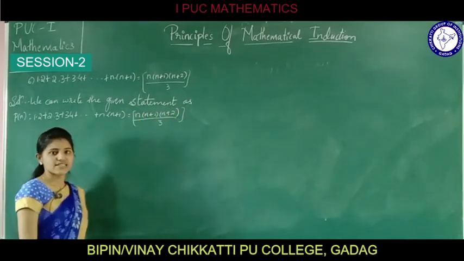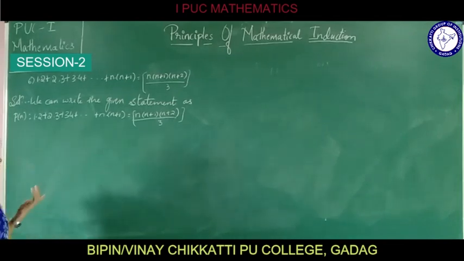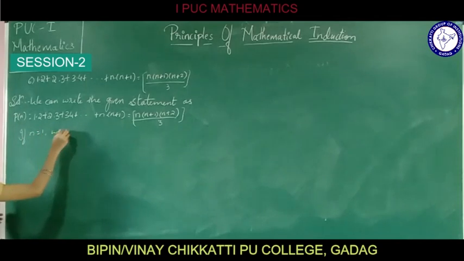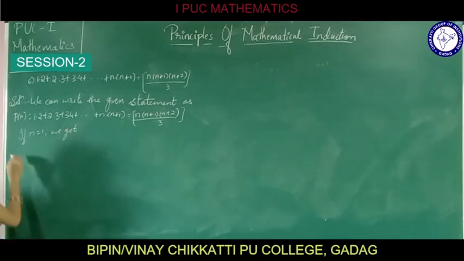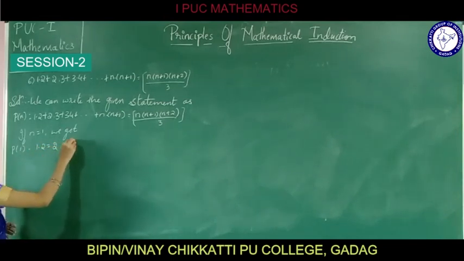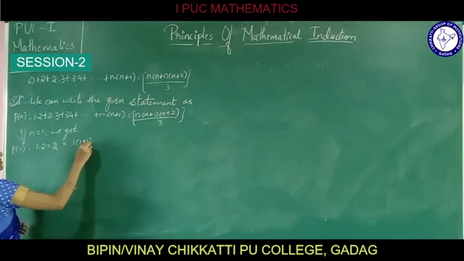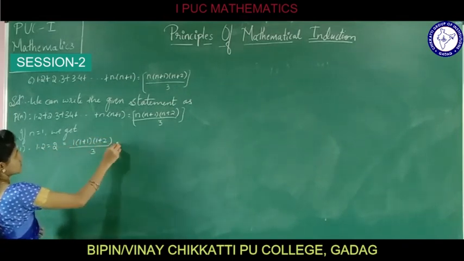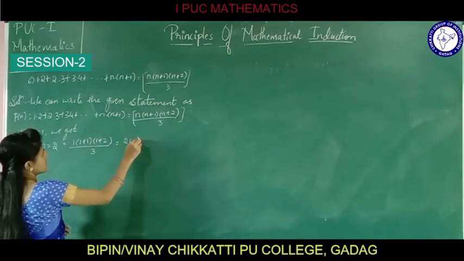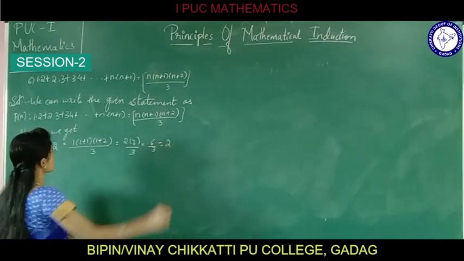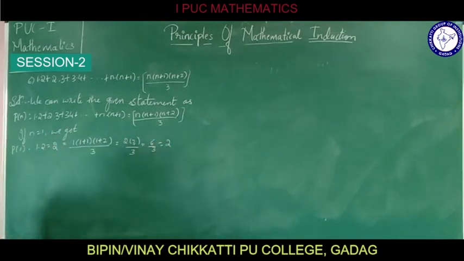Again repeating the same steps, if n is equal to 1, we get P of 1: 1 into 2 is equal to 2, which is 1 into 1 plus 1, 1 plus 2 by 3, which is 2 into 3 by 3, 6 by 3, which we got as 2. 2 is equal to 2, which is true.